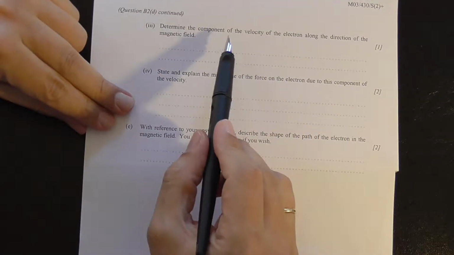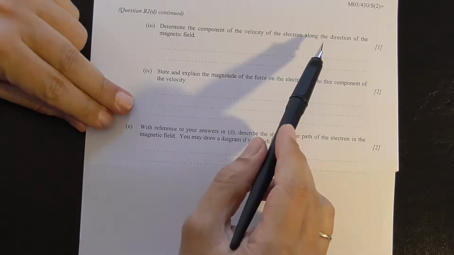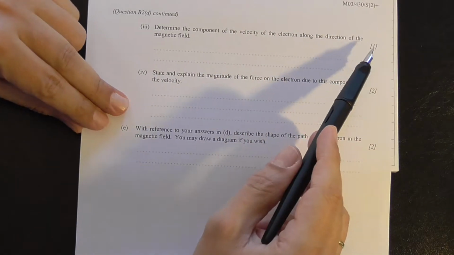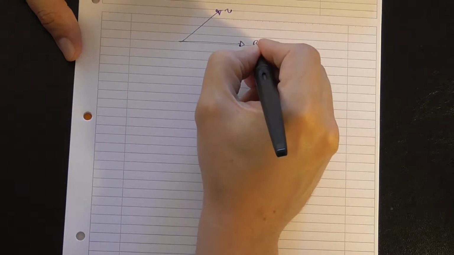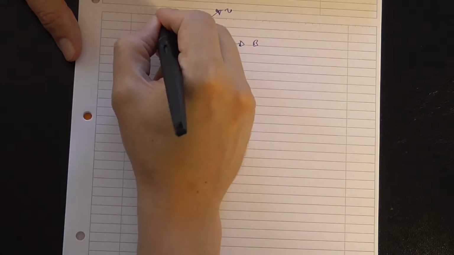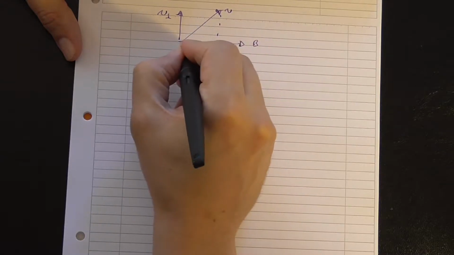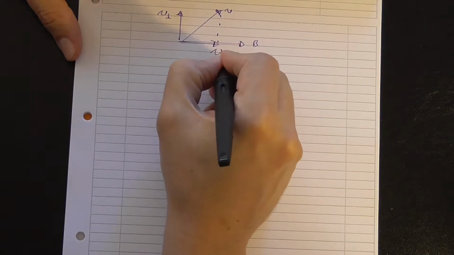One says find the component of the velocity along the direction of the magnetic field. That's another bonus point. So let me do it. Let me redraw the velocity v. That was b, that was the normal. We now need the parallel component, so we need this.